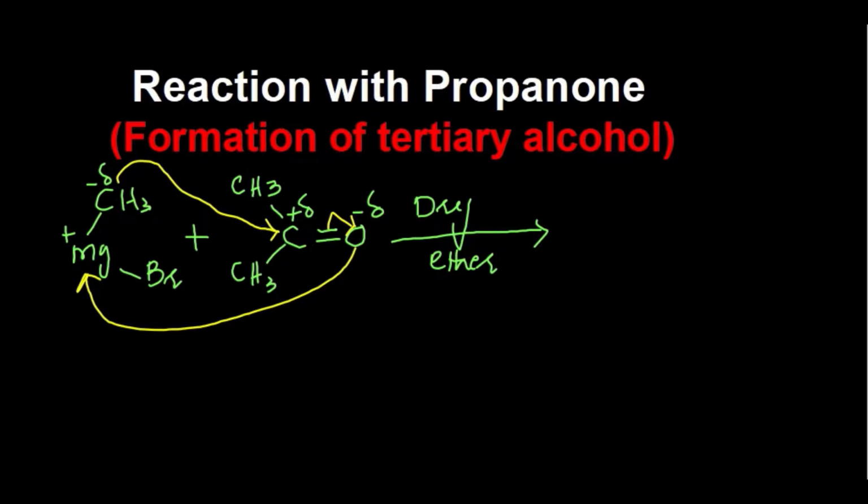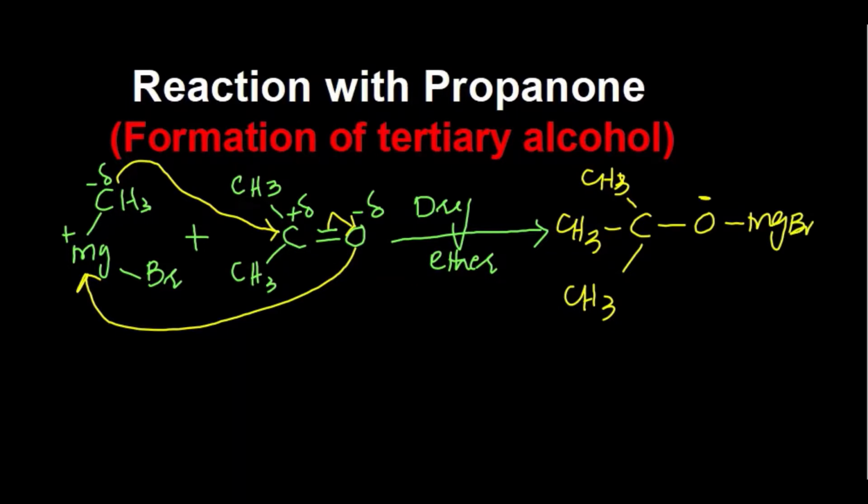Now students, we will see what addition product is formed. Here we make the carbonyl carbon, and here a methyl group is attached on this side. Again we have a methyl group on this side, and on this side again a methyl group which forms a sigma bond with this carbonyl carbon. Then there is a bond to oxygen. Oxygen has negative charge and it makes a bond with magnesium bromide. So here we get the addition product.